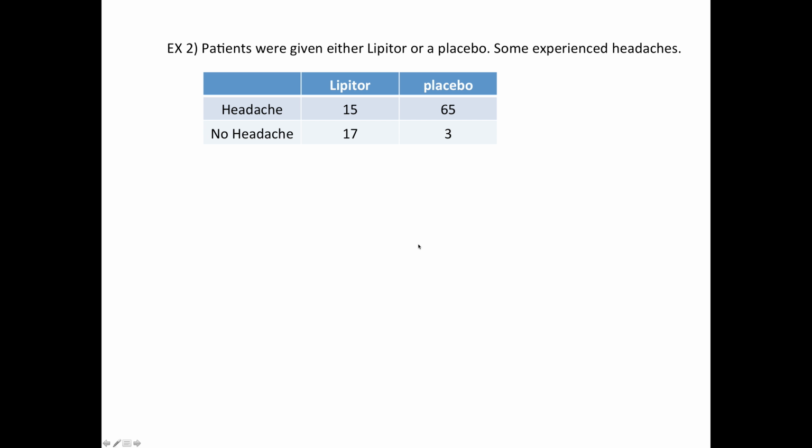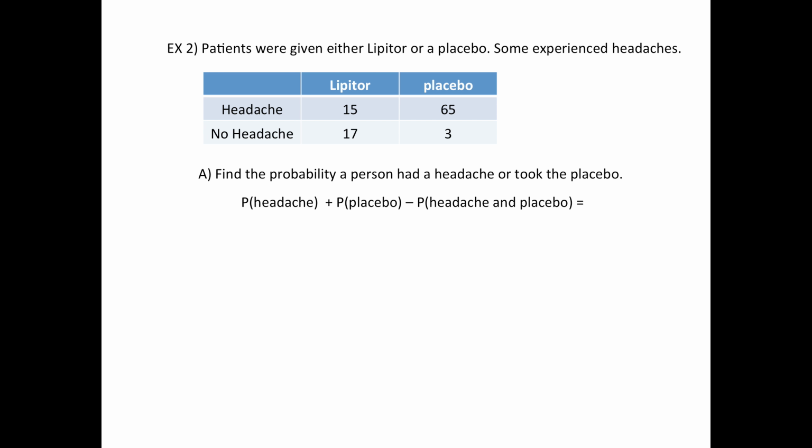So here's another example, not with playing cards, but here's a table where people were given the drug Lipitor, other people were given a placebo, and then some people experienced a headache and some people did not. So next, find the probability a person had a headache or they took a placebo.